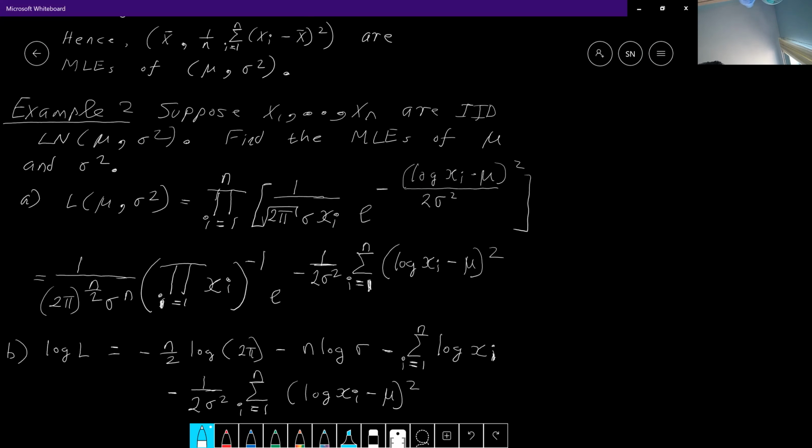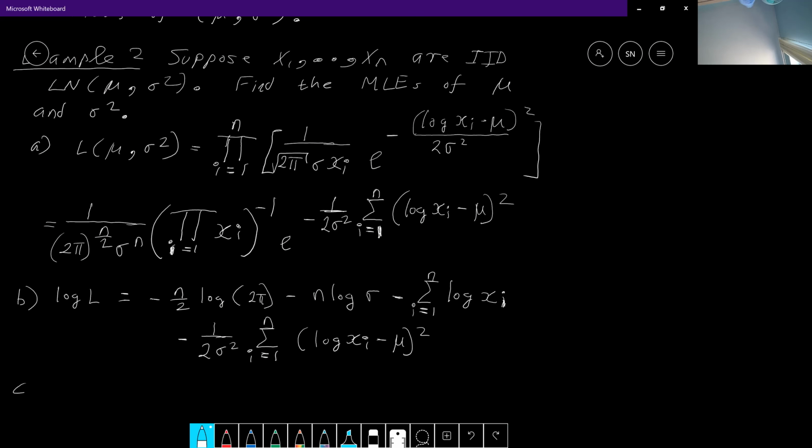Part C is to take the partial derivatives with respect to the two parameters. So the first, with respect to mu, you get minus 2 sigma squared times 2 times log of xi minus mu times minus 1.